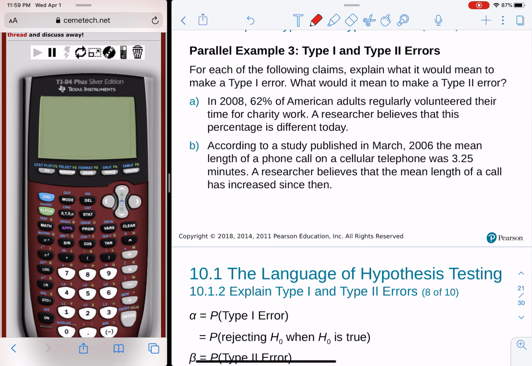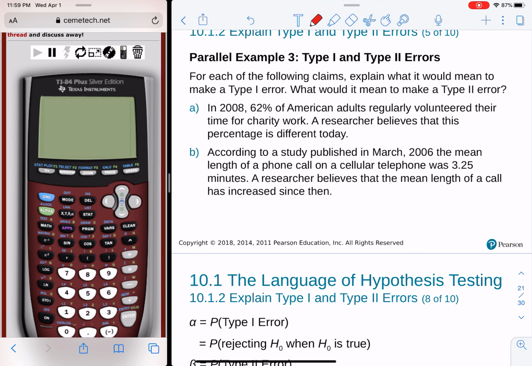So for each of the following claims, explain what it would mean to make a type 1 error and what it would mean to make a type 2 error. So we don't have enough space here, so I'll do the first one here. So I'll just simply make a picture.